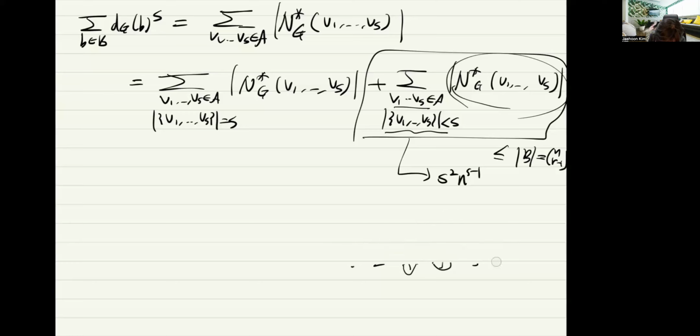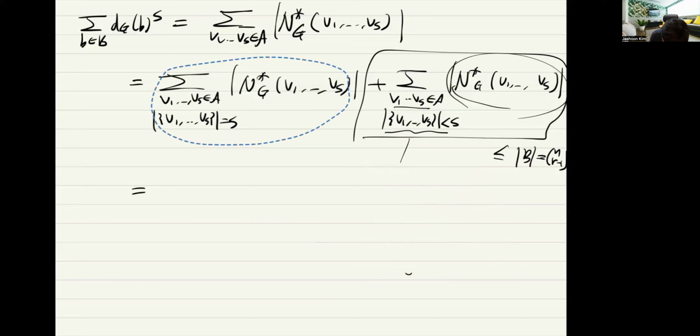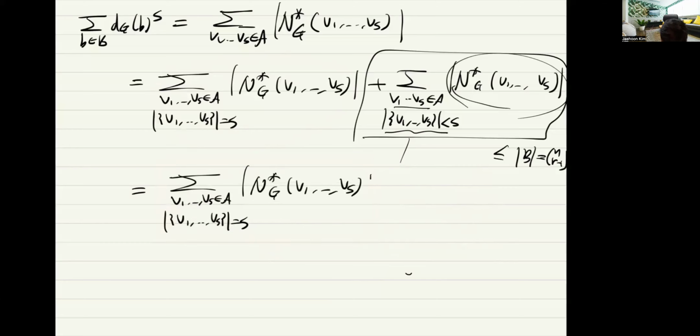Each time you choose a vertex in A, so to be specific, this is almost that much. So what do you get? You have the first part plus n most x choose n to the R minus 1 times n to the R minus 1.